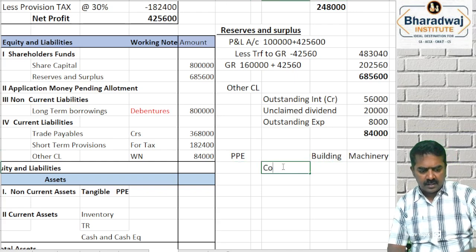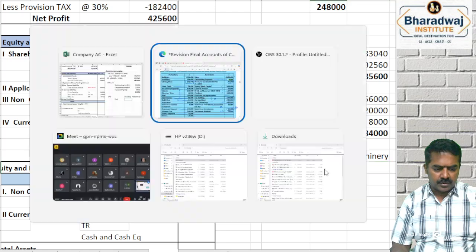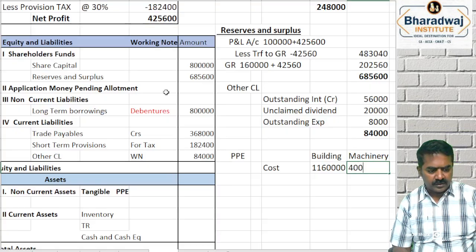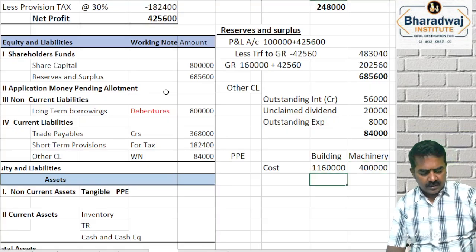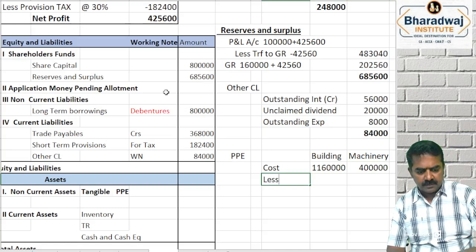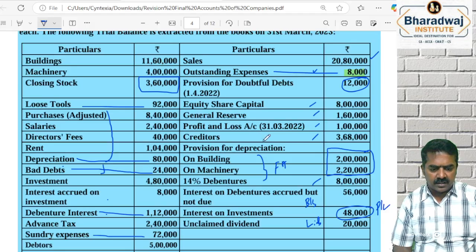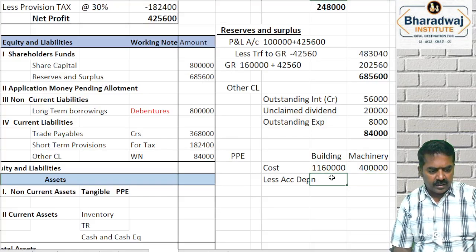Cost is given in the trial balance, on the debit side. 11,60,000. The other one 4 lakhs. Less accumulated depreciation. Accumulated depreciation is given on the credit side, 2 lakh and 2,20,000.